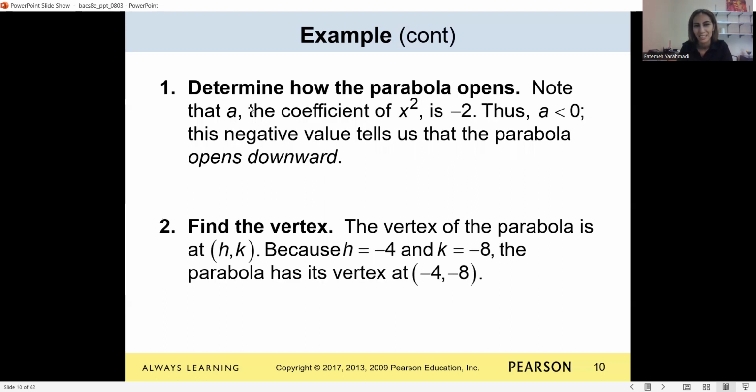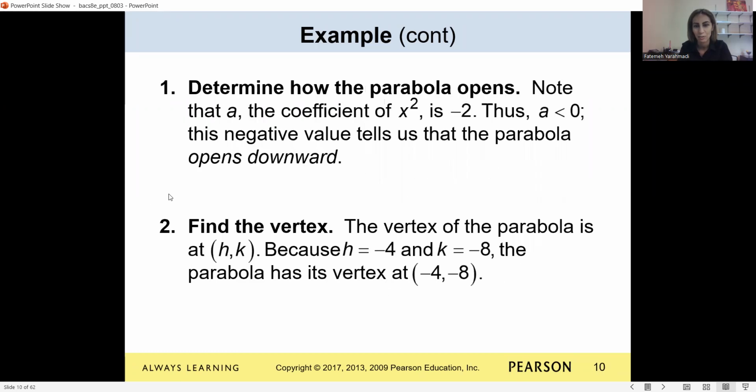So since a is -2, the graph opens downward. To find the vertex, we identify h and k. By formula, the vertex is the point (-4, -8).